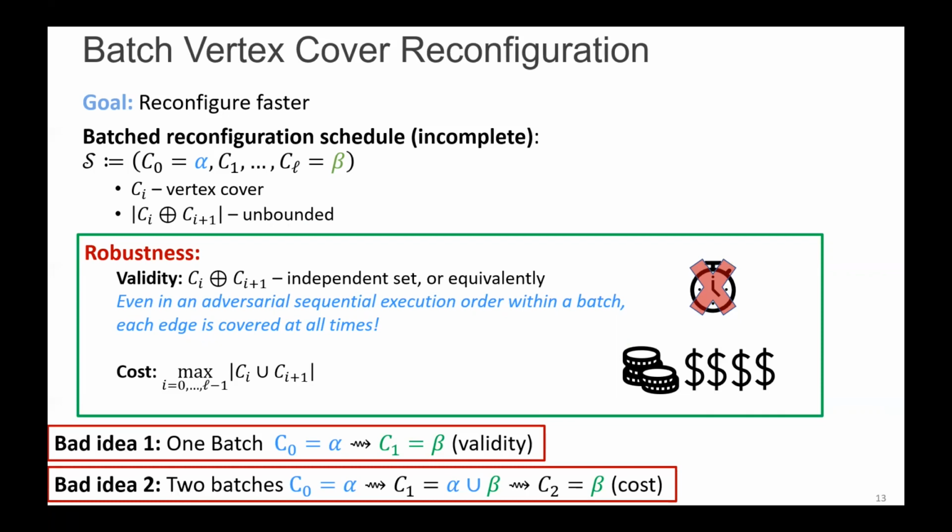So it might be that the worst case bound on the size is actually achieved, which is just the union of 2 consecutive vertex covers. So this is the definition of a batch reconfiguration schedule. And this is the object that we mostly study in this paper.